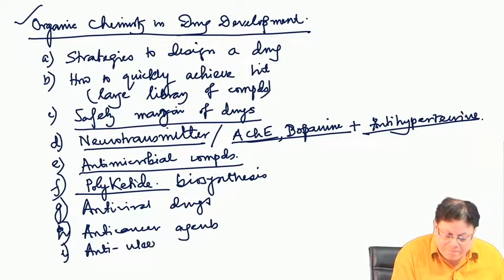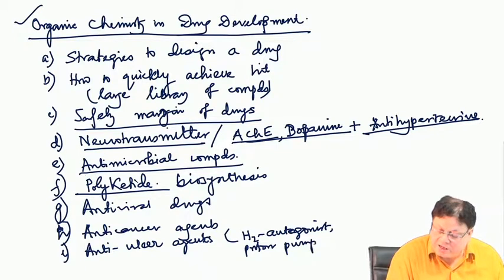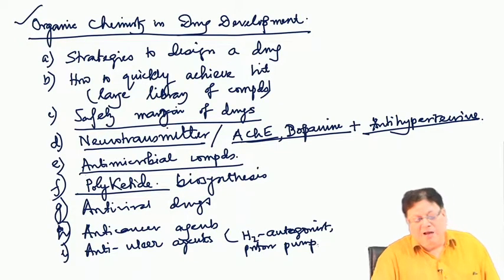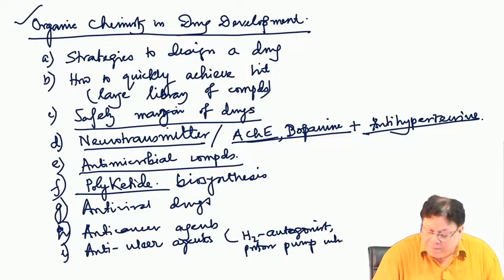Anti-ulcer agents are basically H2 antagonists, that is one aspect. Another is proton pump inhibitors. In the last session, we discussed the chemistry of ranitidine and also the chemistry of omeprazole, a proton pump inhibitor.